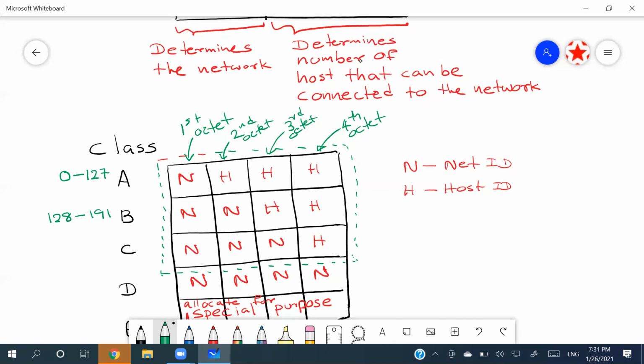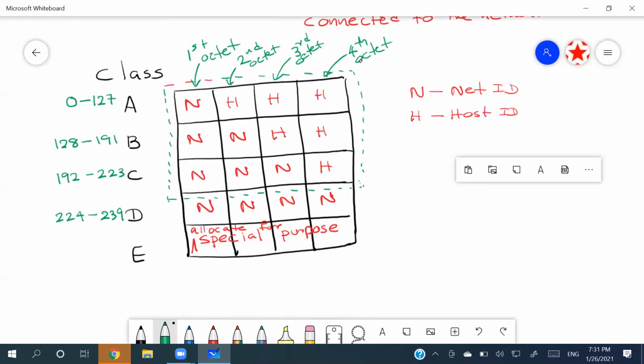Class C range 192, 223. Class D 224, 239. Class E 240, 255.